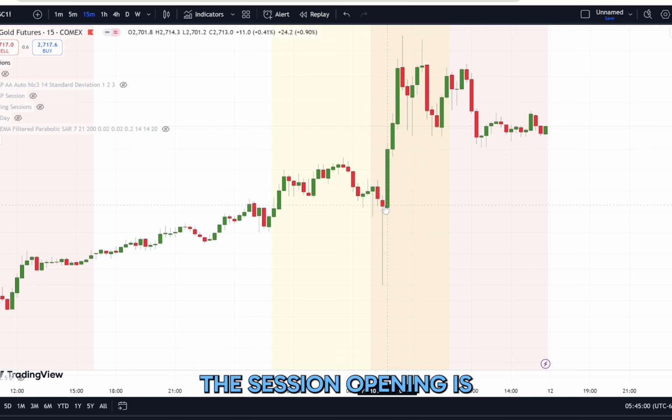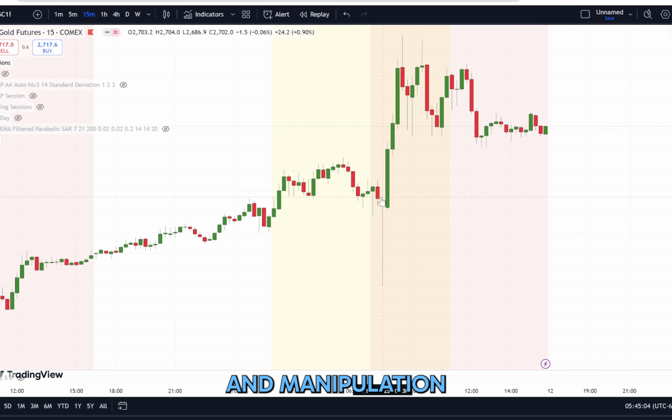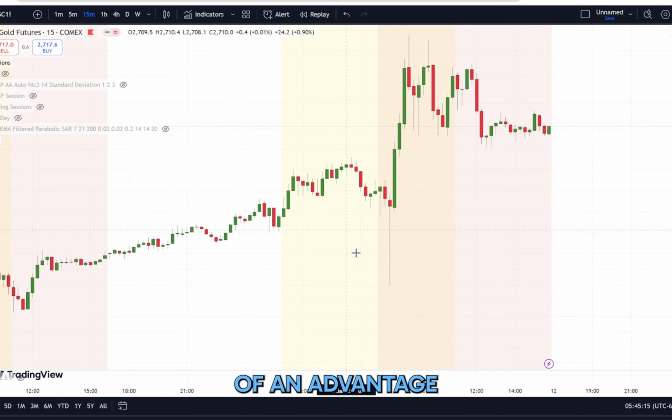The session opening is when there is the most amount of volume and manipulation and price discovery inside of the day. There is a lot of inefficiency happening during that time, so we can take a lot of advantage of that happening.